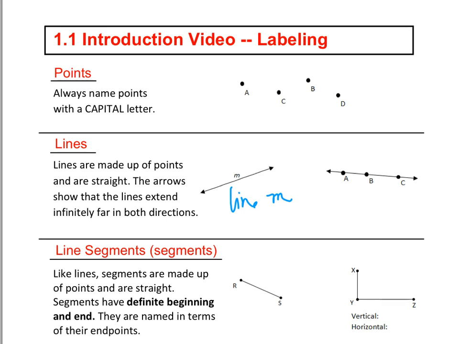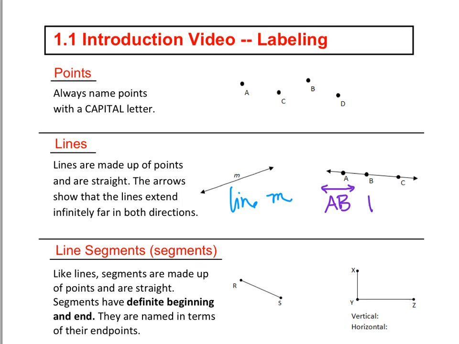The line to the right, you notice we have 3 points A, B, C, and notice how they're all capital letters, and we have a line going through, arrows on the end. So what could we call this line over here? Well, if you have points, you can just pick 2 points. Let's say we pick points A, B, and then we put a little line with arrows above it. That's line AB.